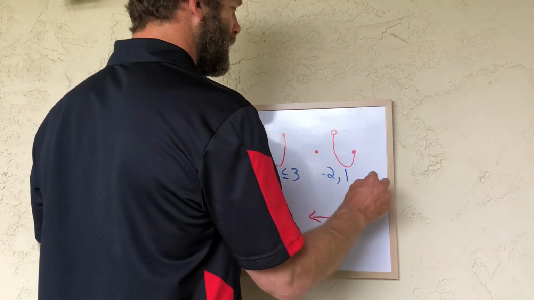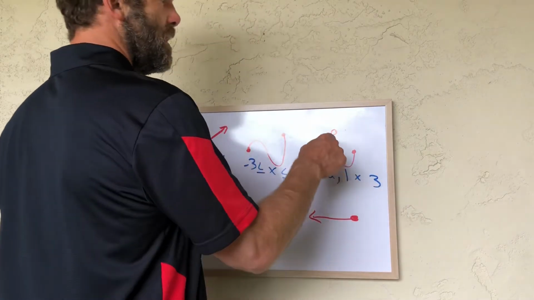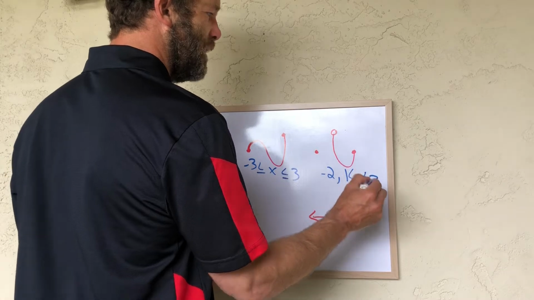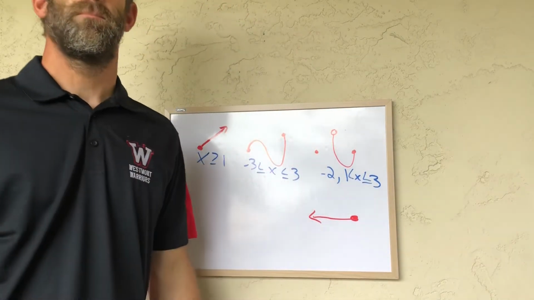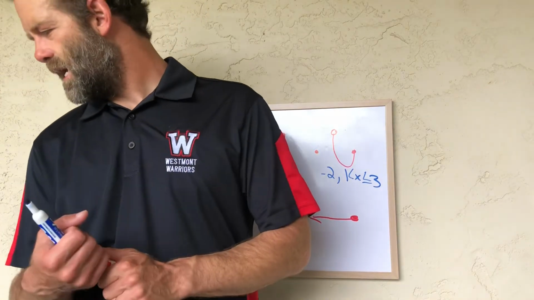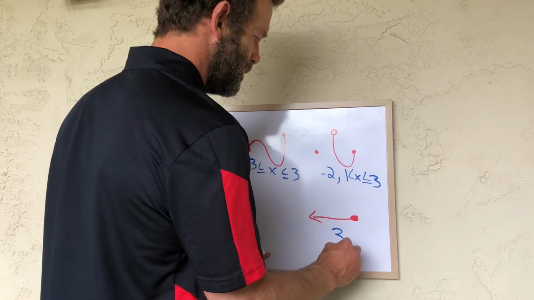It's at 1 and it goes to 3. Okay, but there's a situation here. This cannot equal 1, but it can equal 3. There's your domain.